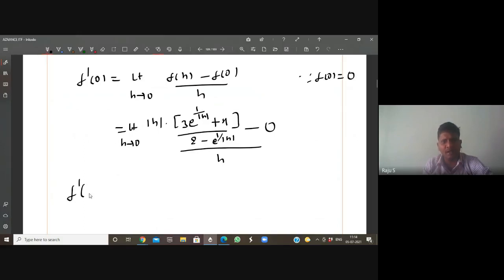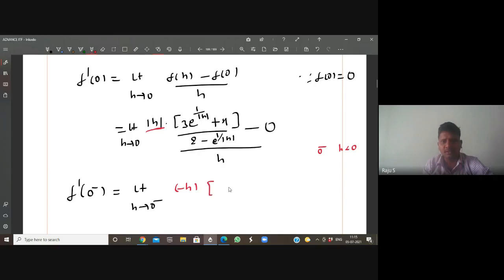Now I want to find f dash of 0 minus, the left hand derivative, 0 minus. So limit h tends to 0 minus. Can anyone tell what modulus h is when h tends to 0 minus? Minus h or plus h? 0 minus means h lesser than 0. When h is lesser than 0, modulus h is minus h.